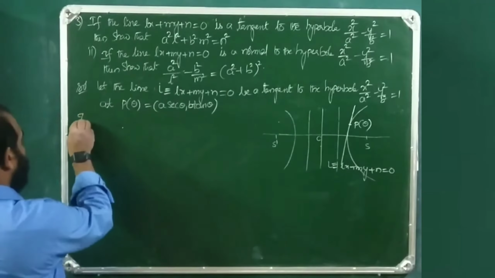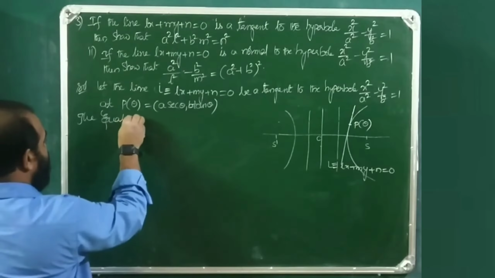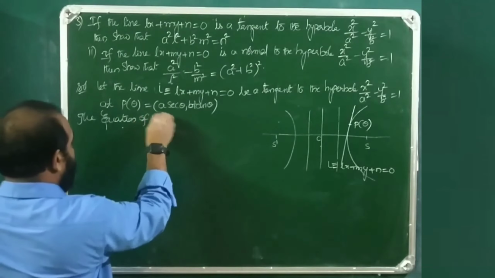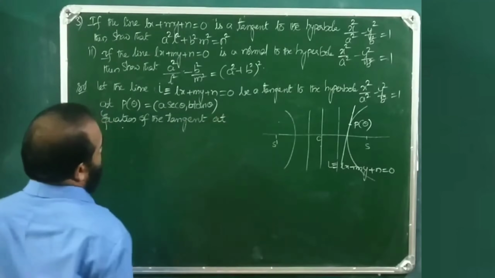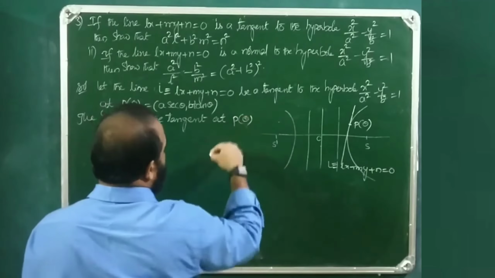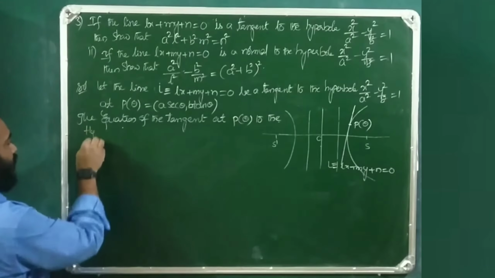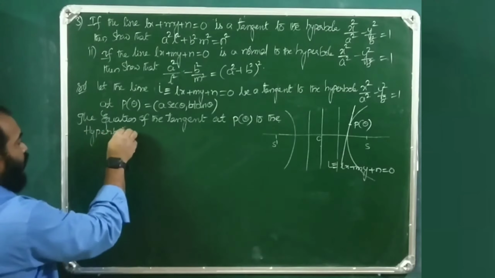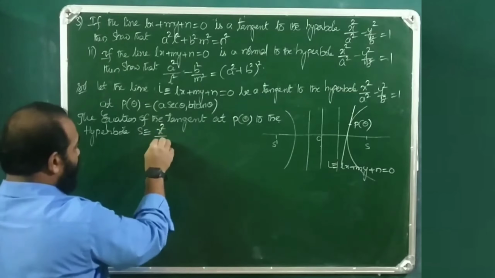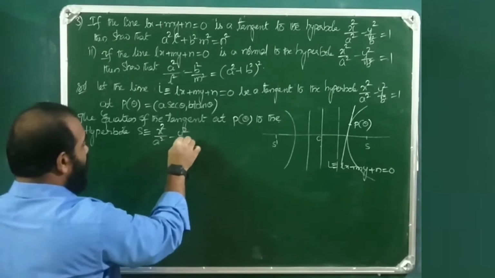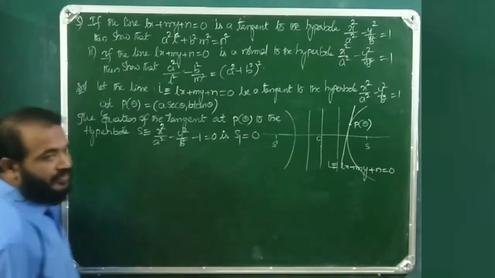So now the equation of the tangent at P theta to the hyperbola S, x square by a square minus y square by b square minus 1 equals 0, is S1 equals 0.